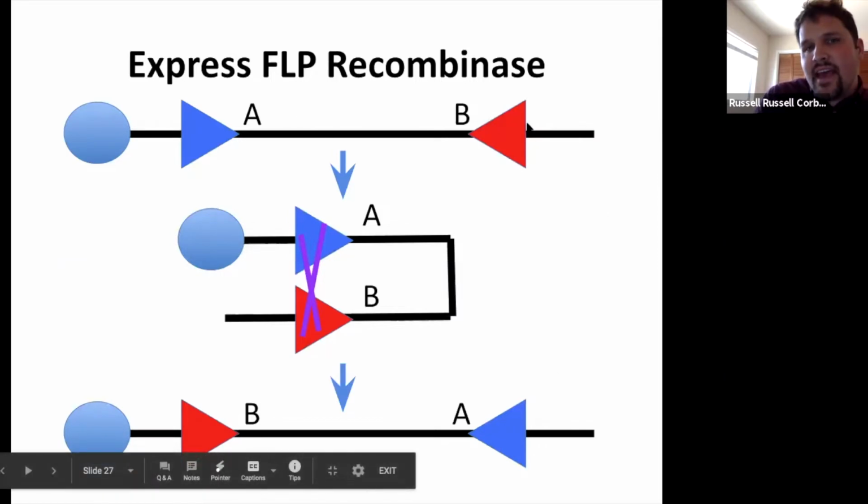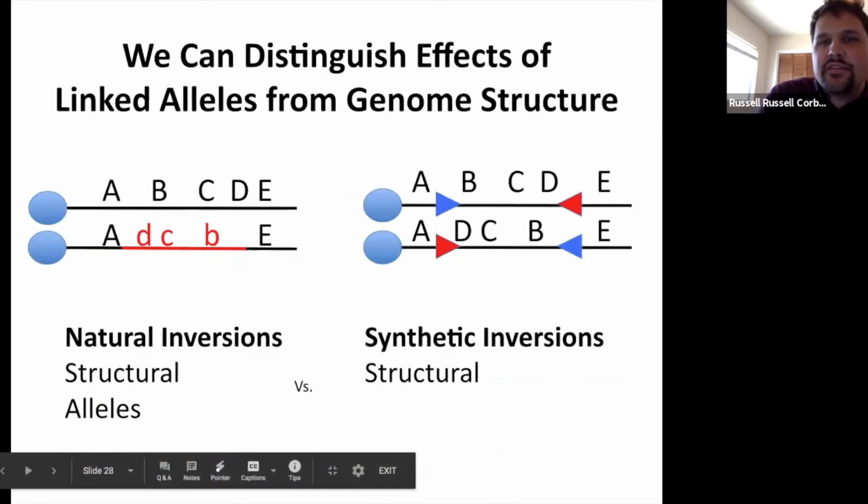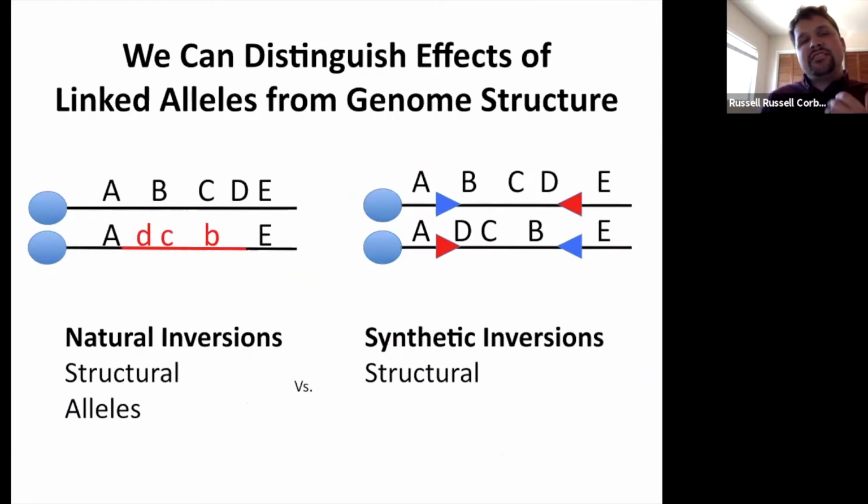It has the same big A and big B alleles. Literally the only thing we've changed here is the order of the genome. So you can think of this as a kind of control that we're going to use to distinguish the effects of linked alleles from the effects of genome structure. The idea being that natural inversions have both these structural effects and the effects of linked alleles, and these synthetic inversions really should have only structural effects.